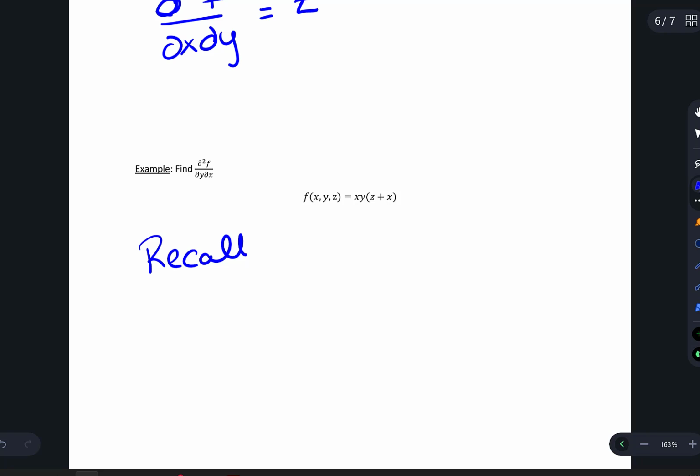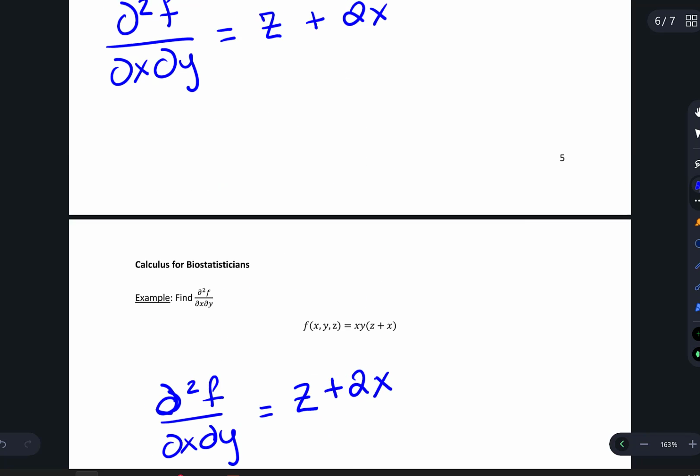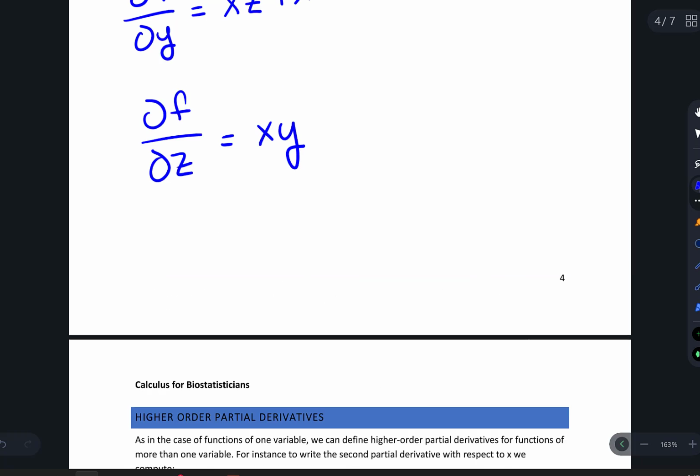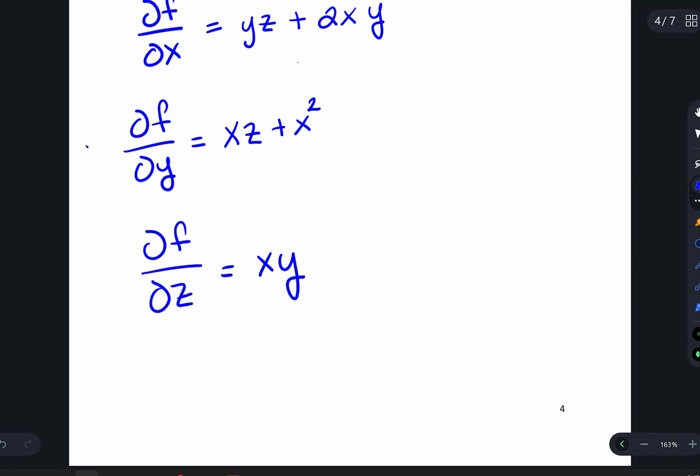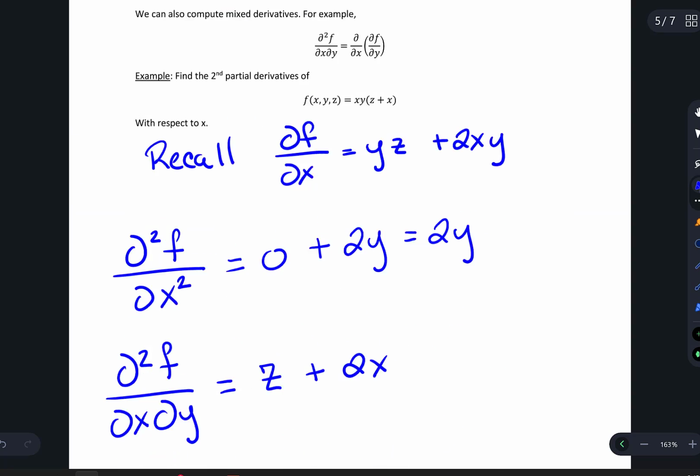Recall that we already found that first partial derivative of f with respect to y, two pages back. And so we have that one right here. That's going to be xz plus x squared.